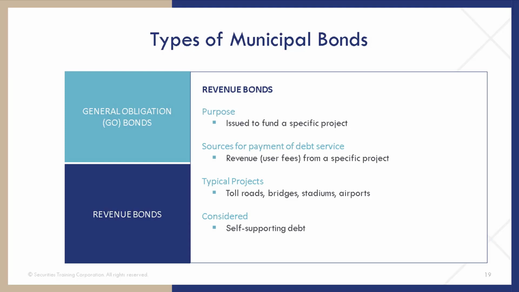And what is it backed by? It's backed by the revenue produced by the things that authority operates. So you go over the bridge, you pay a toll. That is one of the things that are paying off the bonds. Okay, or the main thing paying off the bonds is the revenue produced by that facility, the toll from going over that bridge or highway.